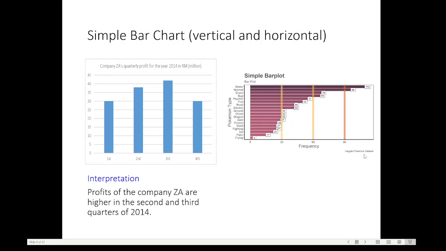Kaggle is a source that you can refer to for your projects. You can go to Kaggle, just type in Kaggle. You can see a bunch of information, a bunch of data that you can use as secondary data for your project.